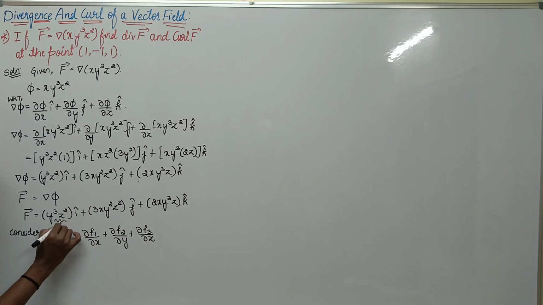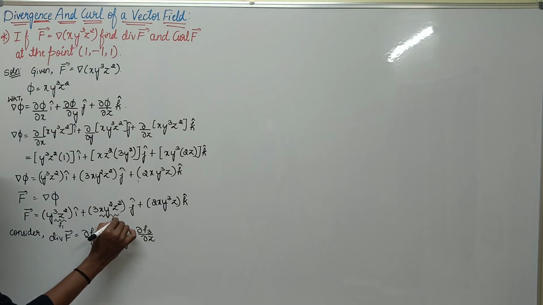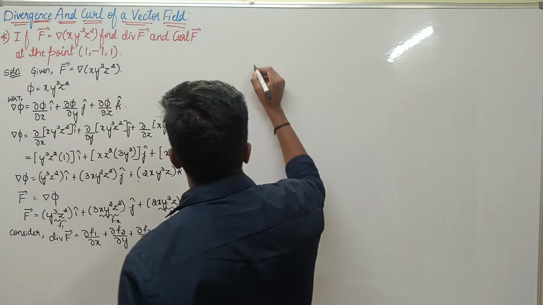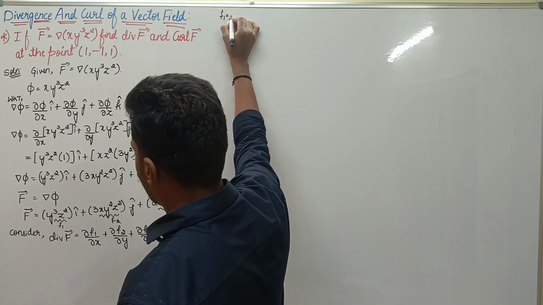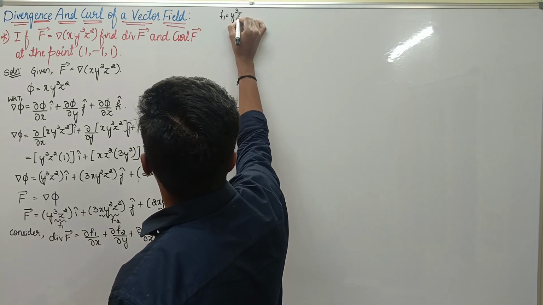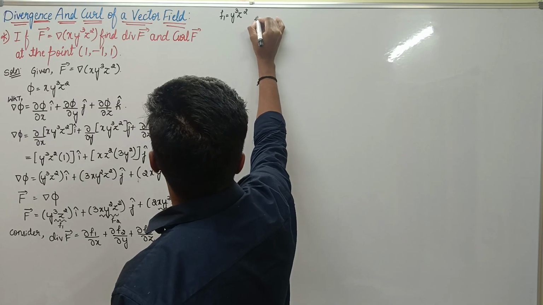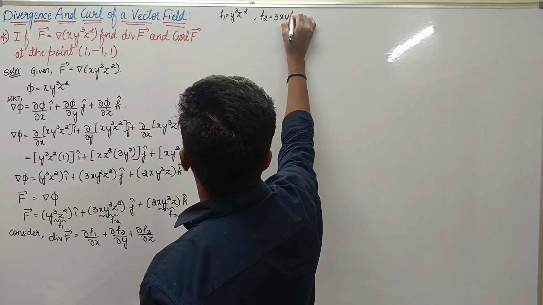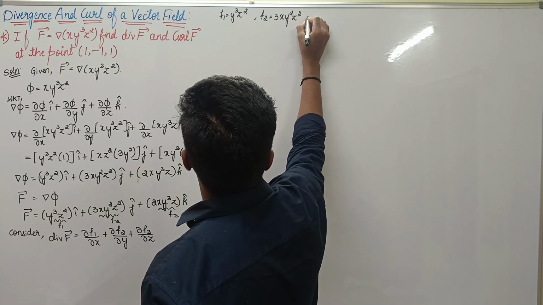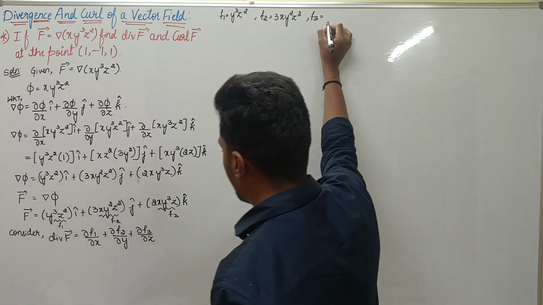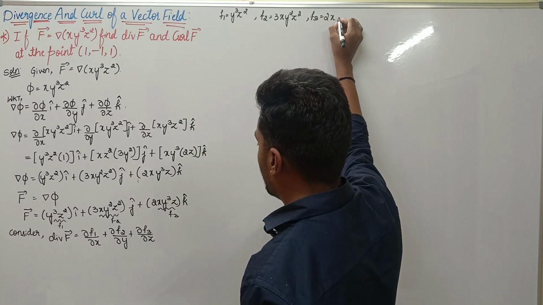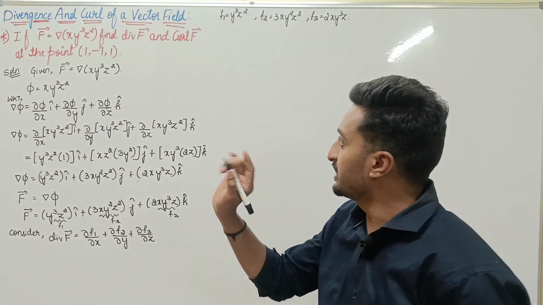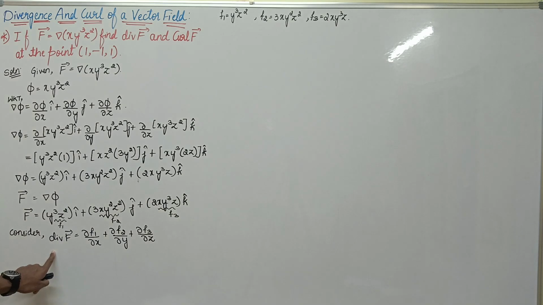Let us represent f1 equal to y cube z square, f2 equal to 3x y square z square, and f3 equal to 2x y cube z. Now simplifying divergence of f.